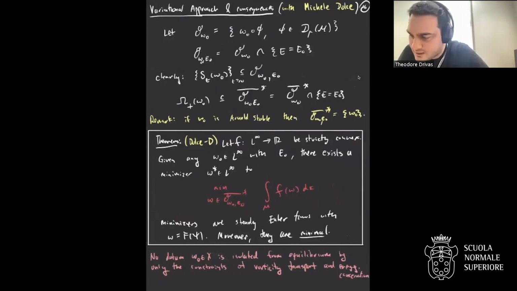Now, in the remaining time, I'll just say with Michele Dolce, we've sort of revisited Schnirelmann's original paper, and we have the following perspective on it. So as I said, it's related to this orbit of the volume preserving group.